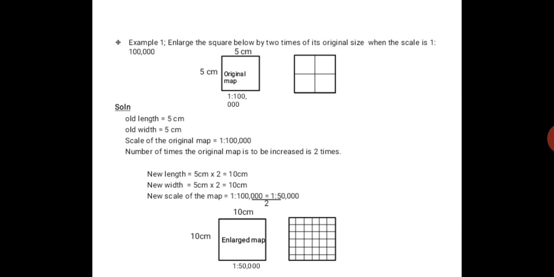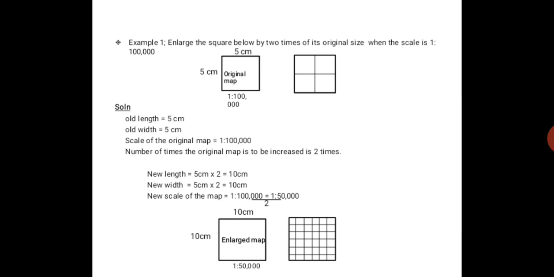Example 1. Enlarge the square below by 2 times of its original size when the scale is 1:100,000. I read the question again. Enlarge the square below by 2 times of its original size when the scale is 1:100,000.